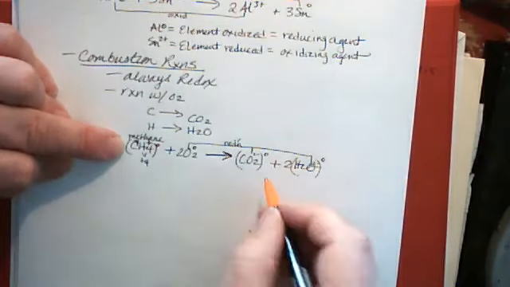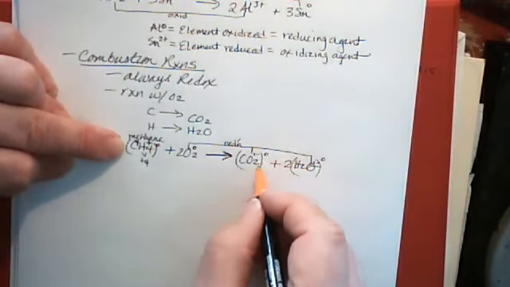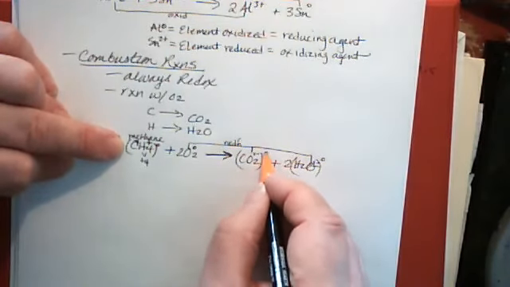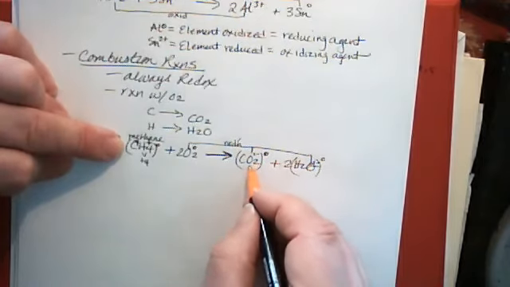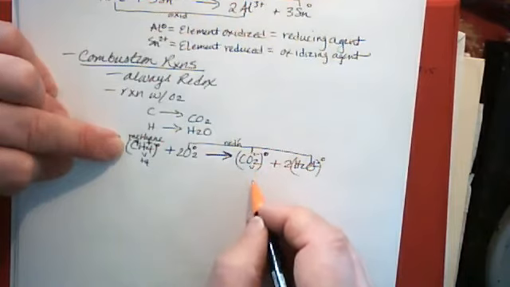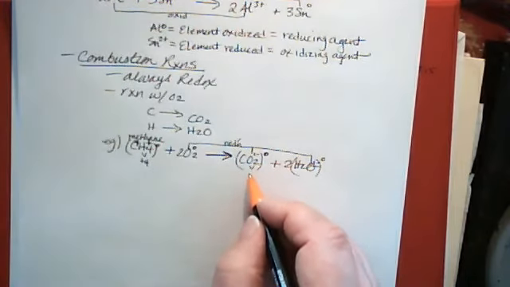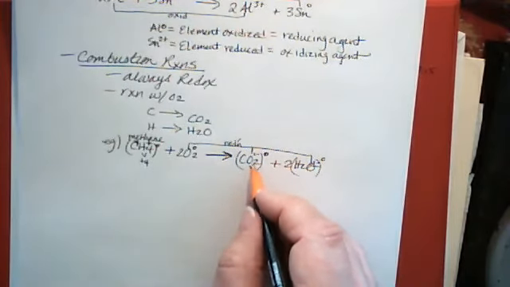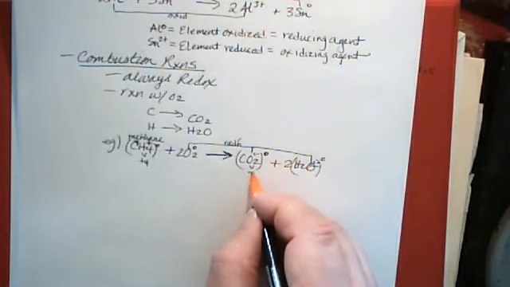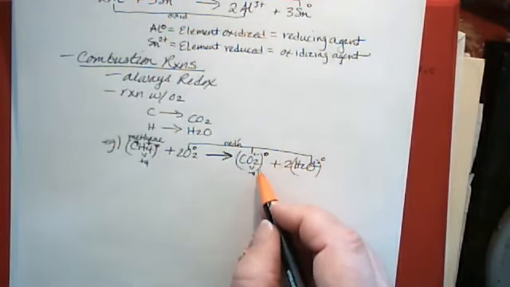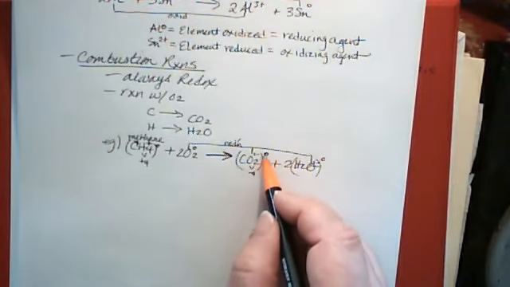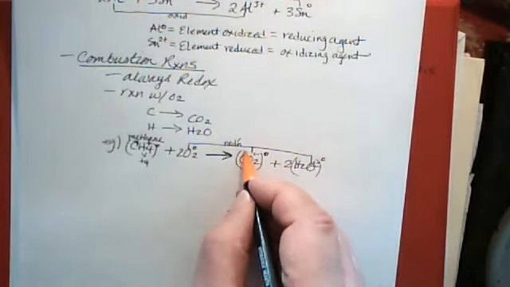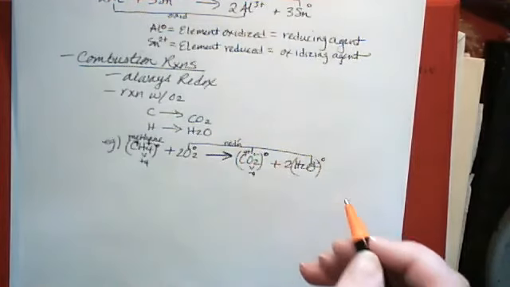And over here we've got CO2 with 0 charge overall because it's a compound. Each oxygen is -2. There are 2 oxygens, so that's -4 for the oxygens in CO2. The carbon itself alone has to bring that up to 0, so carbon is +4.